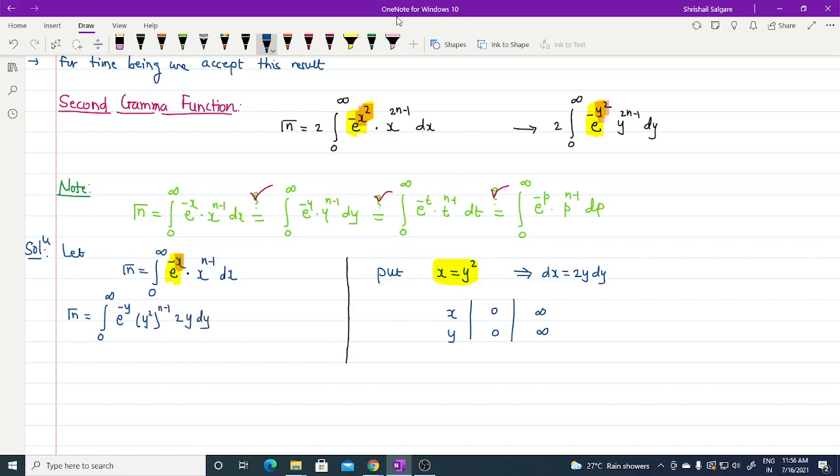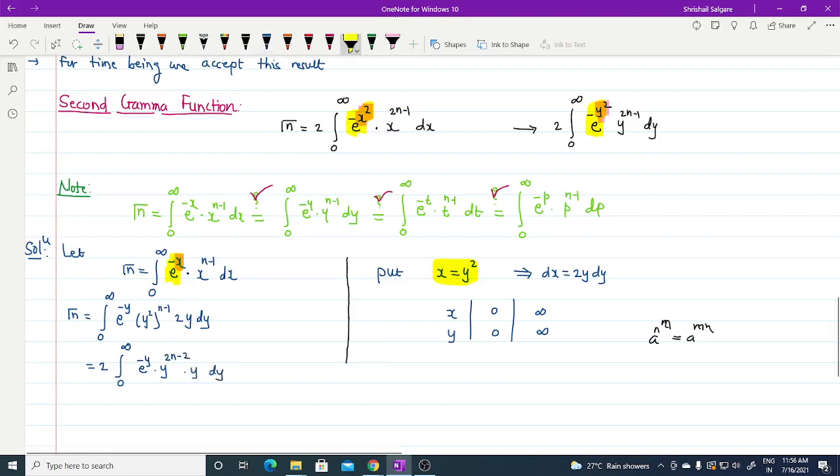Now from this I will take 2 as a constant outside the integral. 0 to infinity e raised to minus y, using the law of indices, a raised to m raised to n is nothing but a raised to mn. So this becomes y raised to 2n minus 2 into y dy.